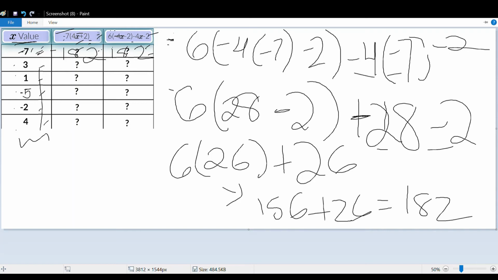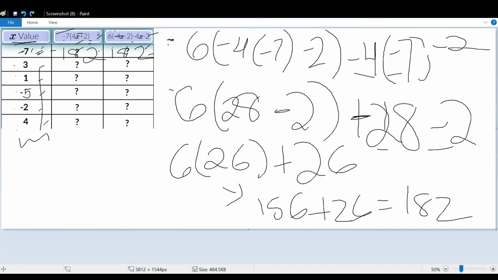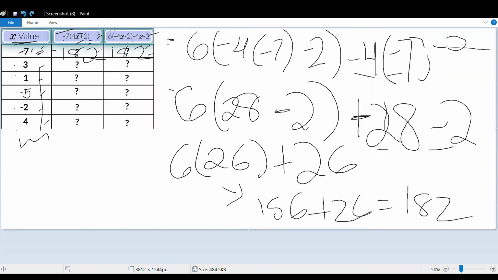Now, today in this video, due to time constraints, I will not do all of those substitutions for x, but I will do the first two. So I did the first one. Let's go ahead and do 3, just to double check, just to make sure that they are truly equivalent equations.